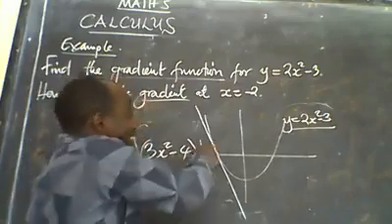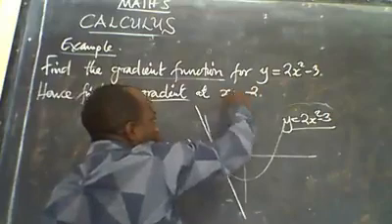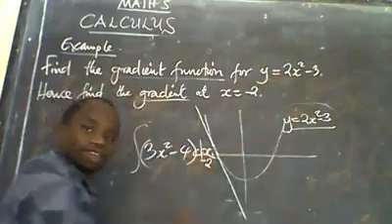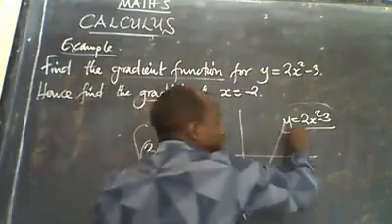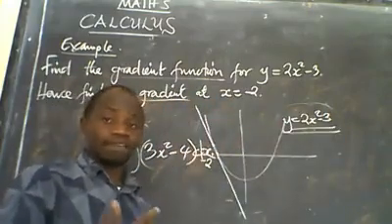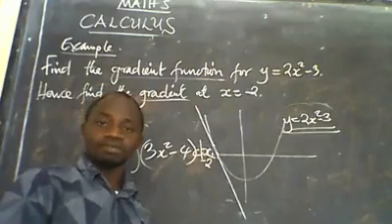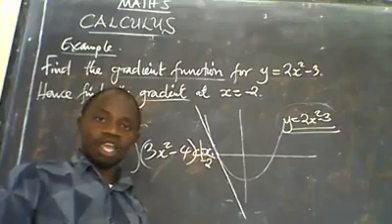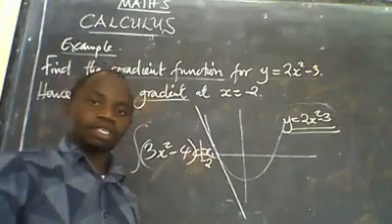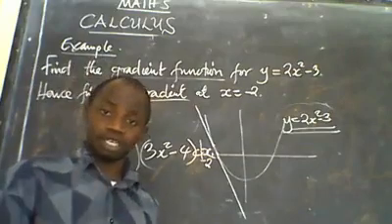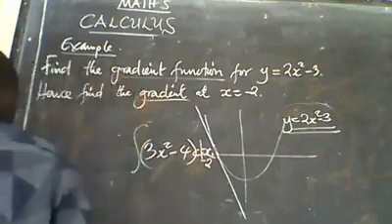So to get the gradient of this curve at this point, the first thing to do is to differentiate the given polynomial, expression or equation. The question you are going to ask is, how do we differentiate, and what's the meaning of that? What's the procedure? So this is the way we differentiate.